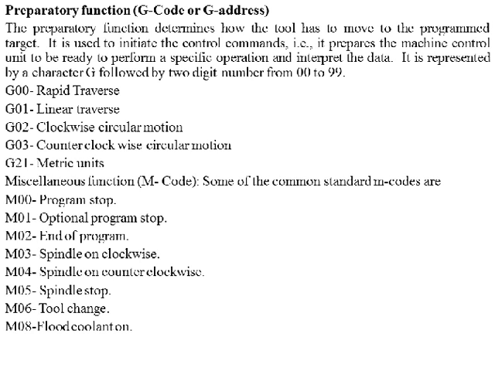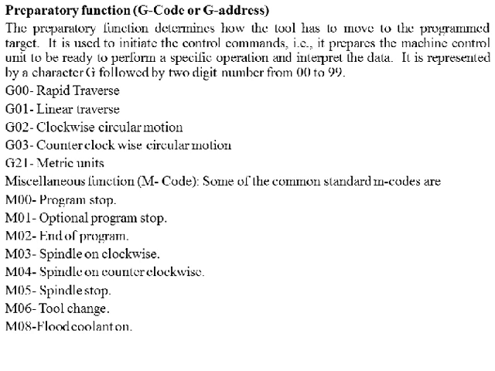G03 indicates counterclockwise circular motion, and G21 indicates metric units. So 00 is rapid traverse, 01 linear traverse, 02 clockwise circular motion, 03 counterclockwise circular motion, and G21 metric units. These are a few of the standard G codes used in a program.